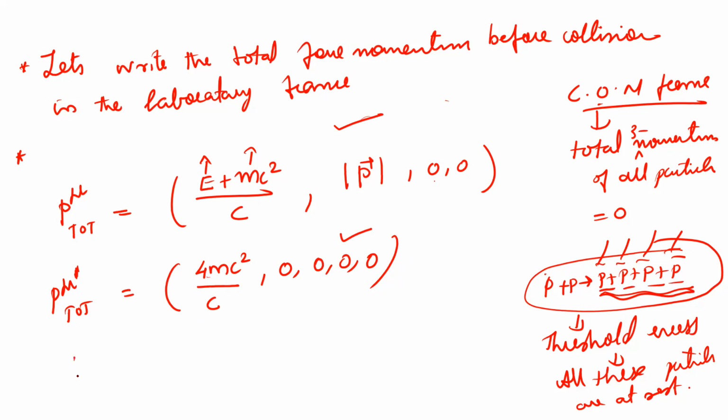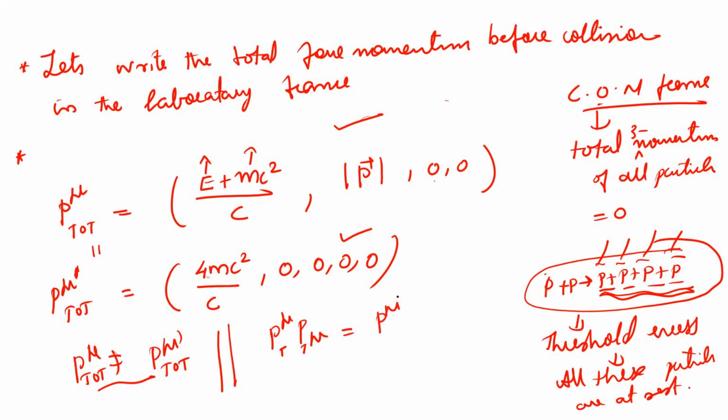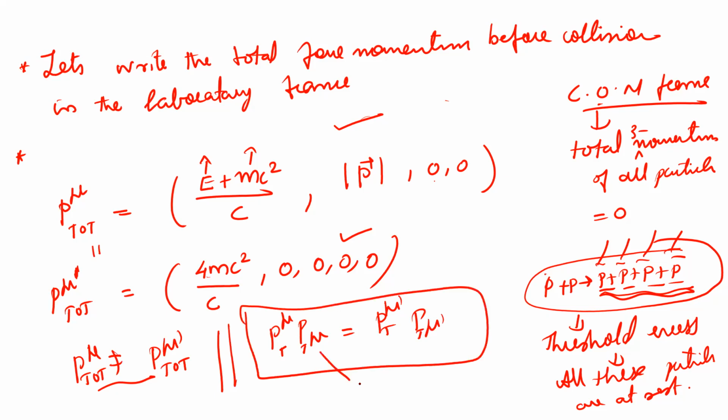Now it's clear that p mu is not equal to p mu prime because they are in different frames, so the individual components are not equal. But we know that p mu total is equal to p mu prime total, because this is the important thing: this quantity is invariant, it does not change when you change the frames.